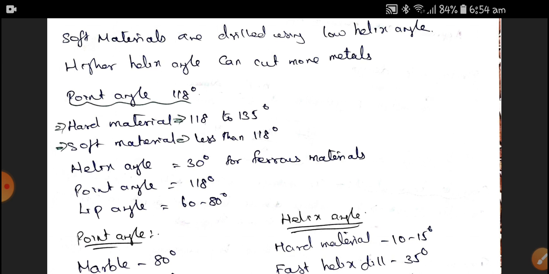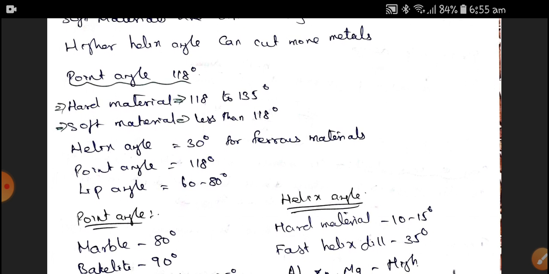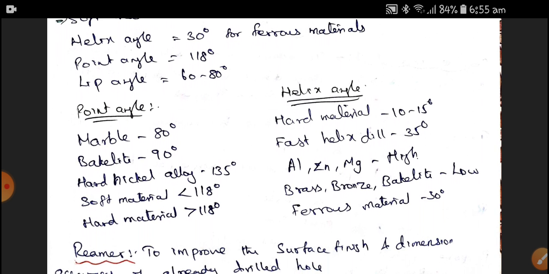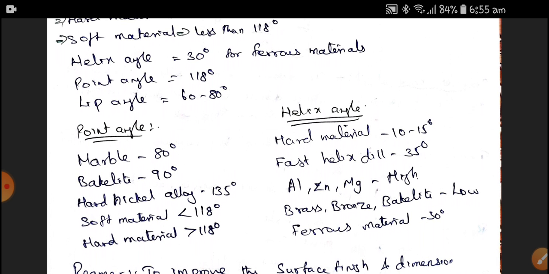For soft material, generally it is less than 118 degrees. For ferrous materials, the helix angle is 30 degrees and the lip angle is 60 to 80 degrees.